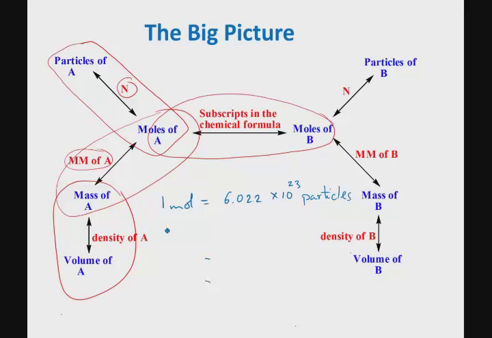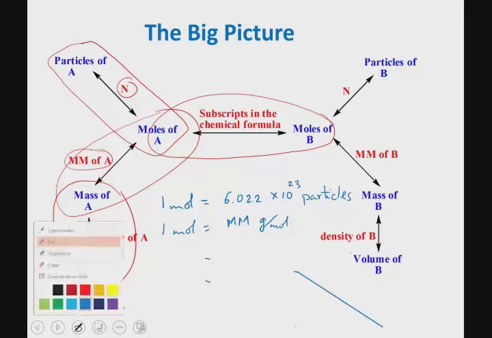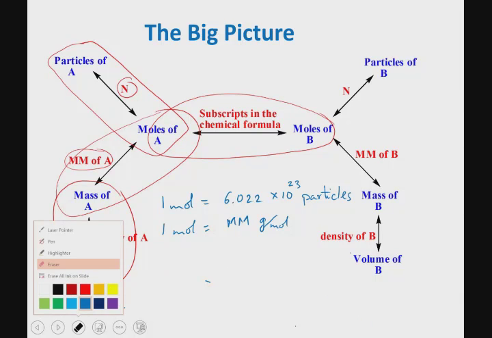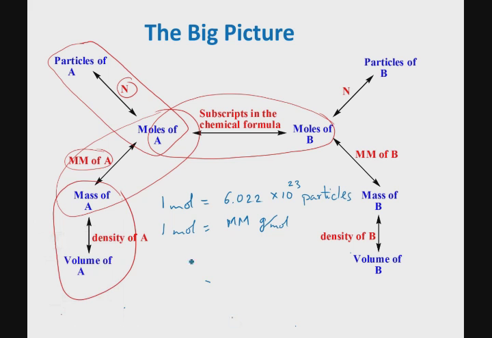We've also seen before that the mass of 1 mole always equals the molar mass of that substance in units of grams per mole, because it's the mass of 1 mole. And density equals mass of a substance divided by its volume.